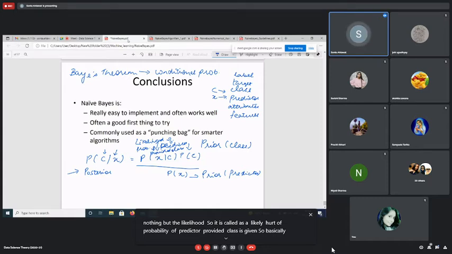So basically what we are saying is that we have to calculate, according to the Bayes theorem, the conditional probability, where we define two types of instances. First one is the class, which is basically the target or the output. And there are certain sets of predictors. Predictors are nothing but the features or the inputs. So we have to calculate the posterior probability of the event, that is the class, given that the attributes are given. So over here we have to calculate this.